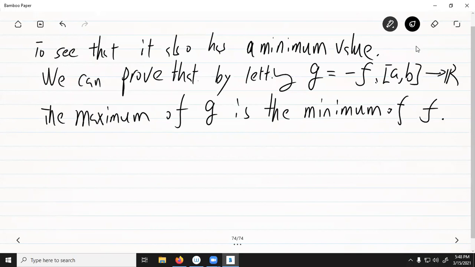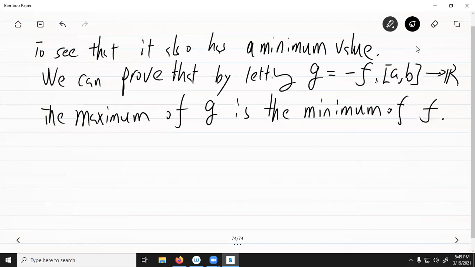So we just let G equal negative F. So G is still from the closed interval from A to B, right? And it's a continuous function because negative F is still continuous.